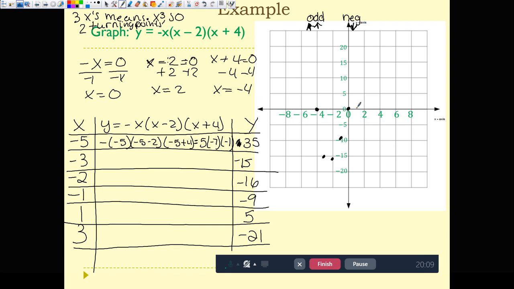And then at 2, I'm at 0. And 3, I am at negative 21. So this is going to be one of my turning points. This is my other turning point. And remember, it's going towards positive infinity as your x goes negative, and towards negative infinity as your x goes positive.